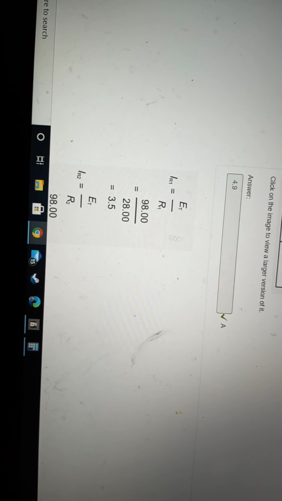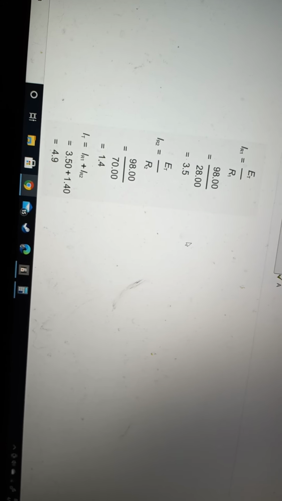So let's see what we've got here. We've got 98 volts, and you could do that. Remember, we could use the product over sum method to merge these two together to get the total resistance. Remember I was telling you about that? The product over sum method.